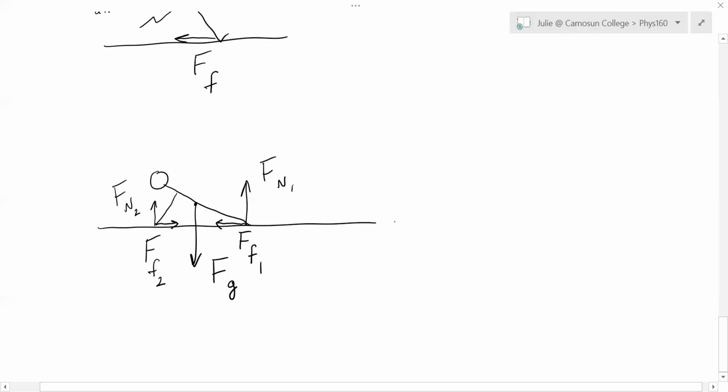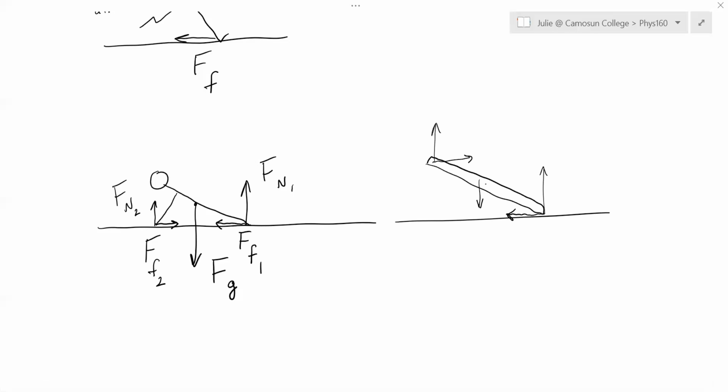Okay, so that would be a case where we would just want your body to be a bar. And on this bar, we would put a force here and here, and here, and here. And then we could look and see what's going on with your body as far as motion or rotation or whatever.